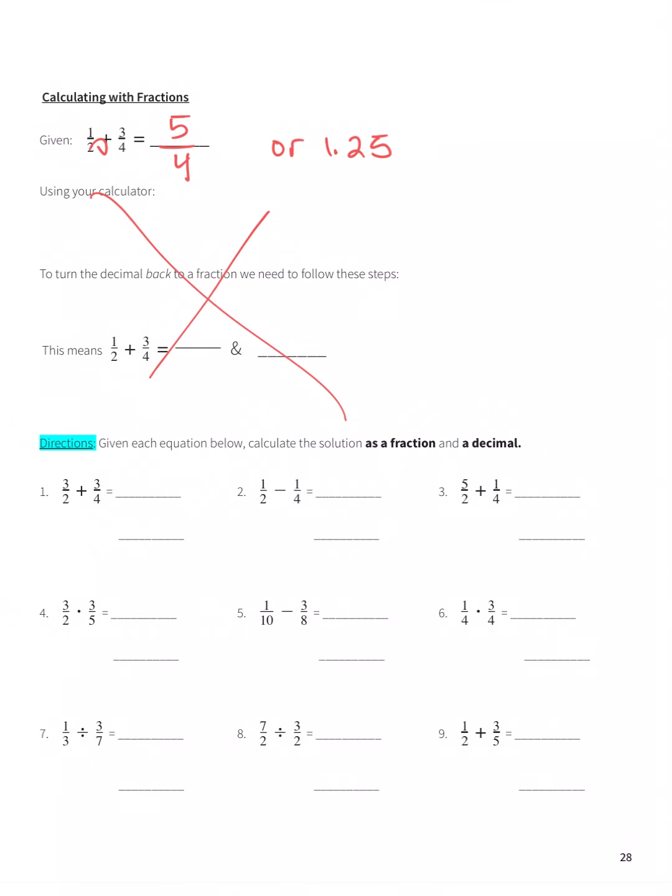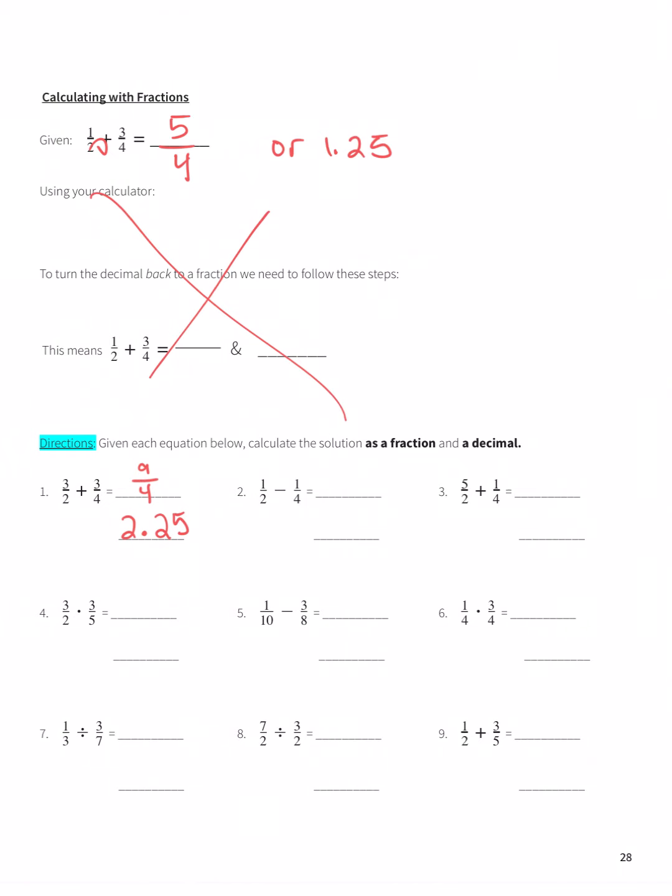So what you're going to do now is practice using that fraction calculator. You have your problem right here. So 3/2 plus 3/4. You type that in your calculator. You write the answer that you get. So 3/2 plus 3/4, that is 9/4, or 2.25, okay? So I got this information using my calculator.